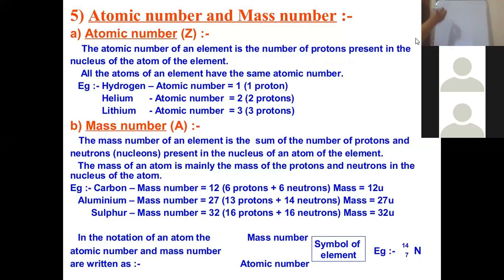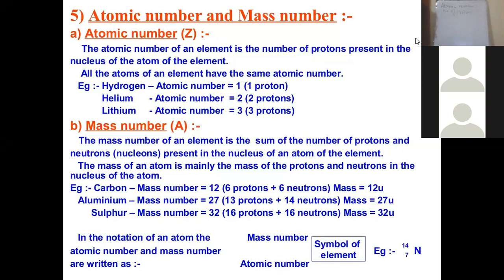Now how is the atomic number provided to an element? Let me tell you that the number of protons present in an element is equal to the atomic number of the element.